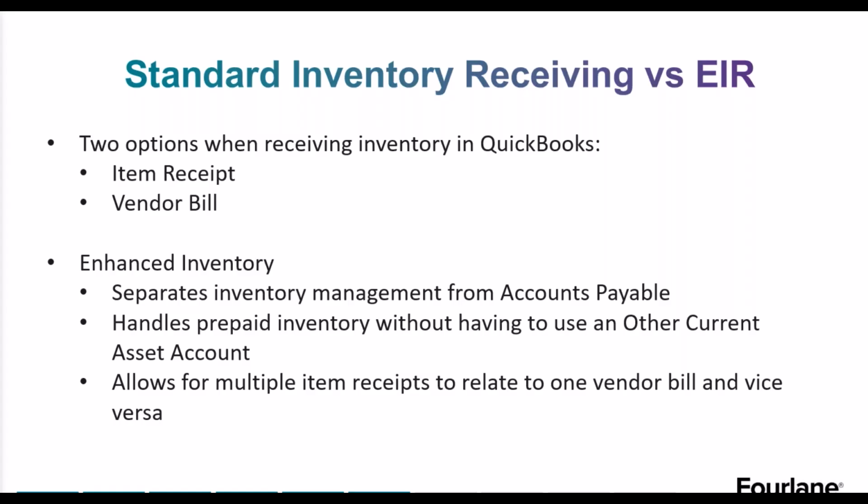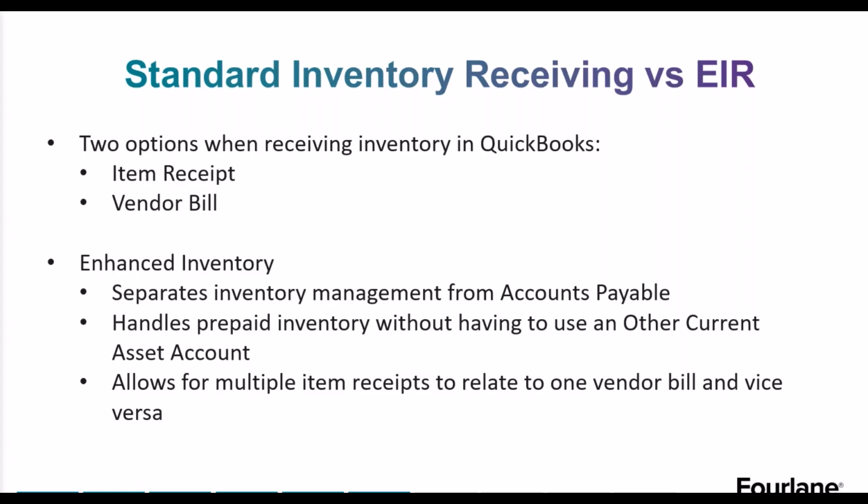The first thing I want to discuss is how QuickBooks normally handles inventory management versus what changes when we implement enhanced inventory receiving. In QuickBooks, the natural progression for inventory receiving is to go from a purchase order to an item receipt, and then that item receipt is ultimately replaced by a vendor bill when you are ready to submit payment.